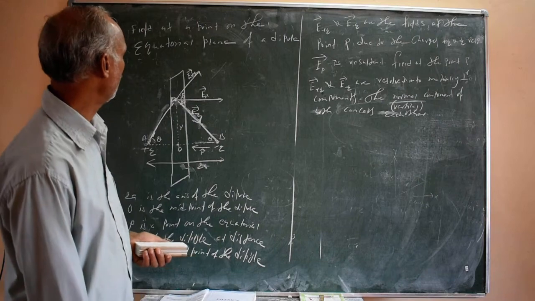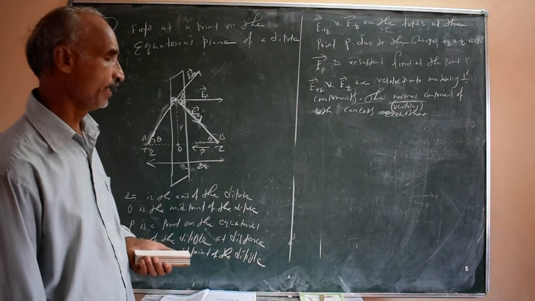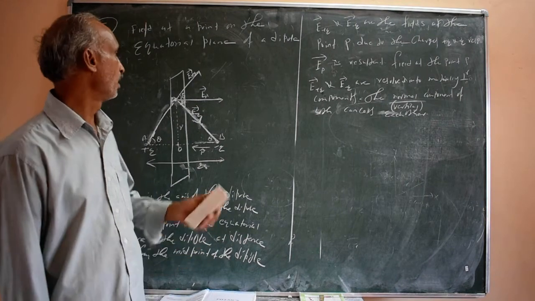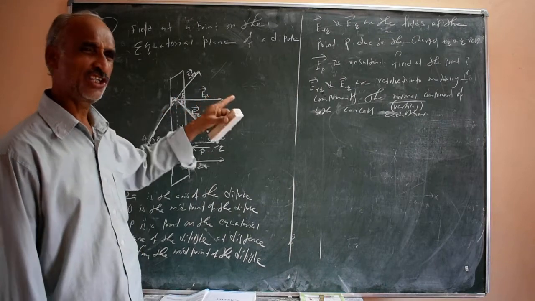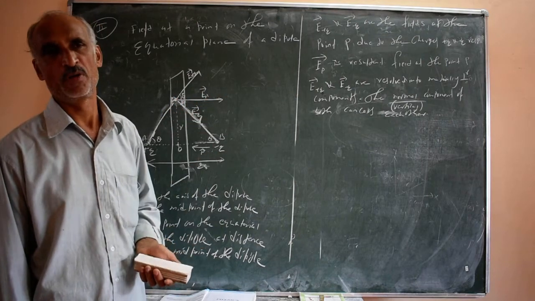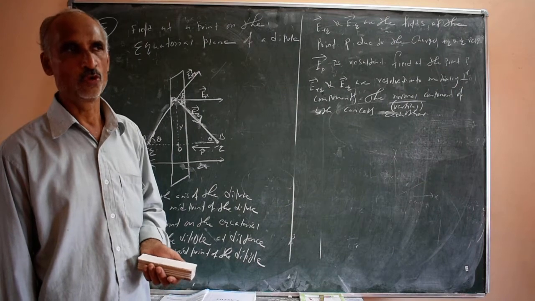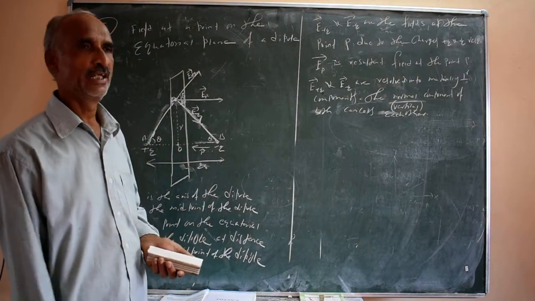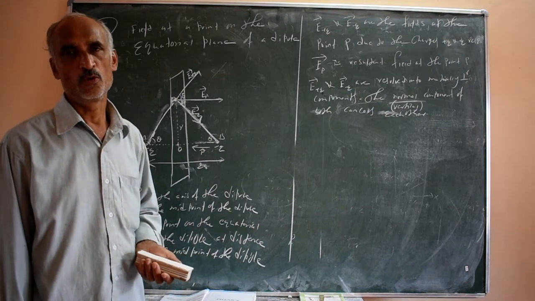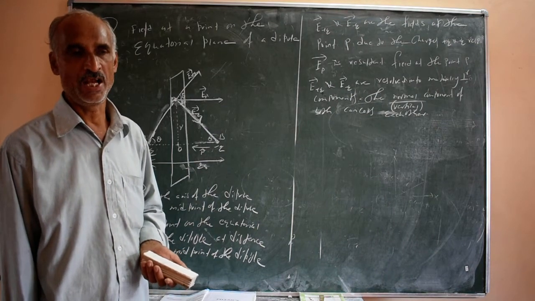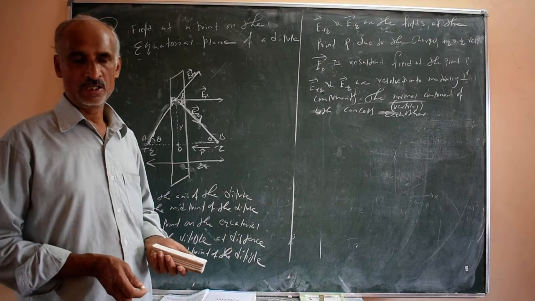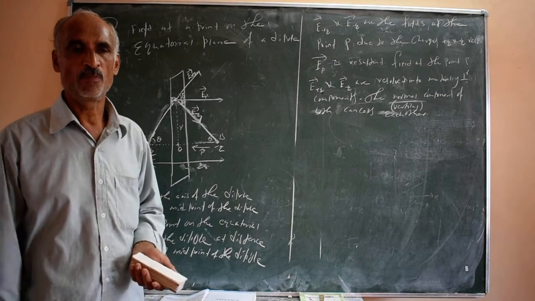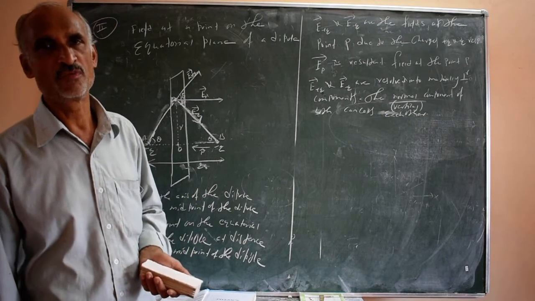And the horizontal components act in the same direction and add up to give the resultant field. Vertical components cancel each other and horizontal components add up to give the resultant field EP bar.